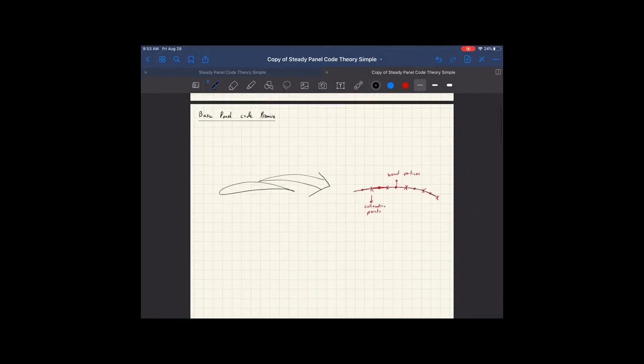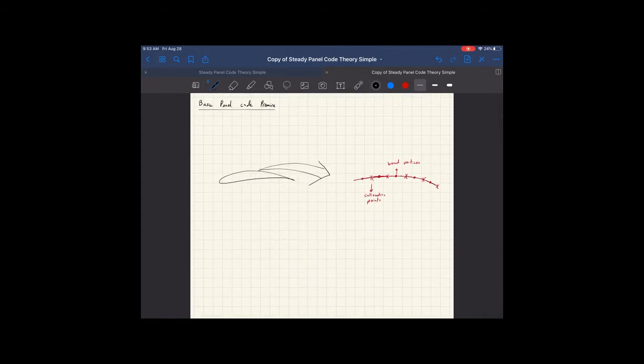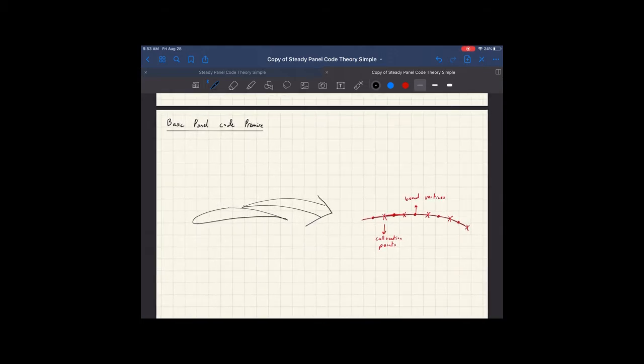Now, moving on, I'm going to go through the basic premise of the panel method.